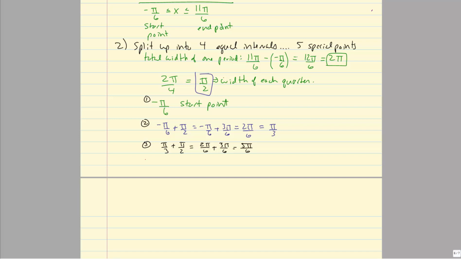Okay, my next point, trying to sneak these onto a page, would be 5 pi over 6 plus pi over 2, because again that's the width of my interval. 5 pi over 6 plus 3 pi over 6 would mean 8 pi over 6, which is 4 pi over 3.